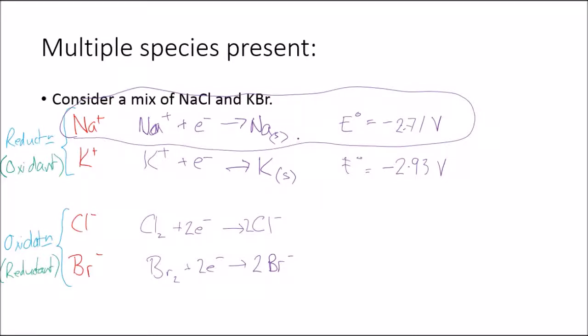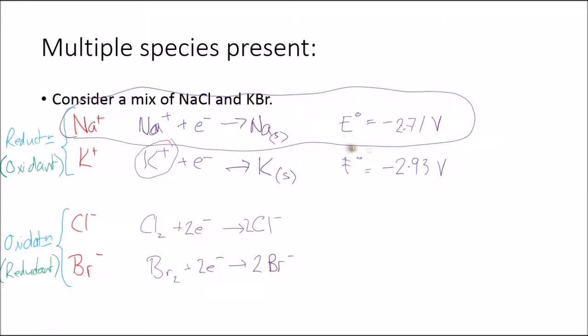So I suppose the way I like to think about it is, which of these has the least resistance to being reduced, sorry, my bad. We know that potassium very strongly wants to be oxidized, and so it will want to stay in this state. It wants to stay as K+.